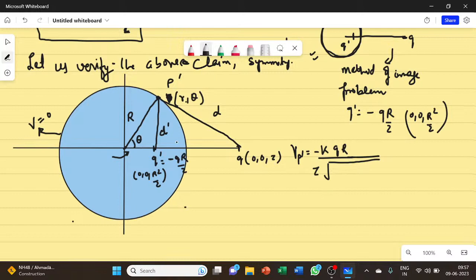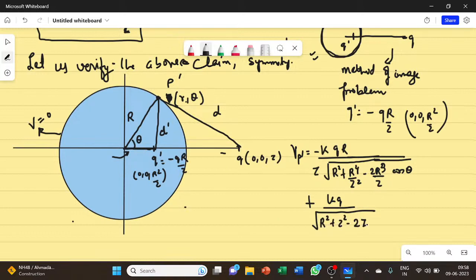So d dash would be r square plus r to the power 4 upon z square minus 2r cube by z cos theta, plus kq upon d. And what is d? d would be root over r square plus z square minus 2zr cos theta, since the entire distance is z and here it is r.